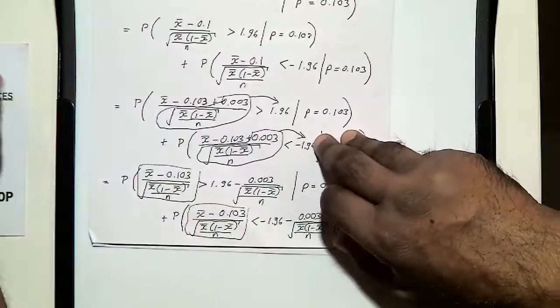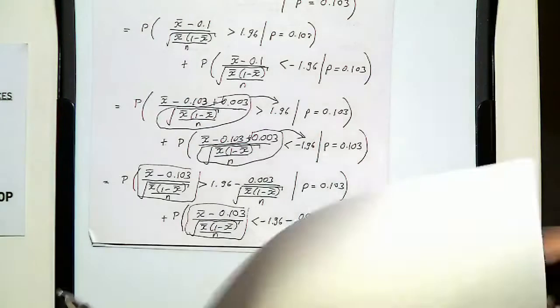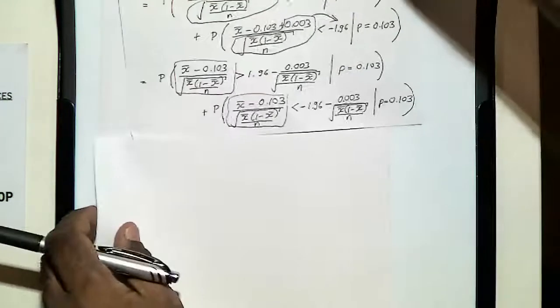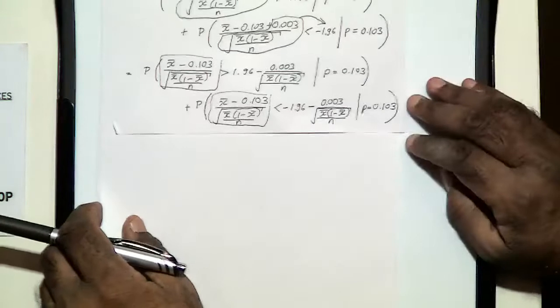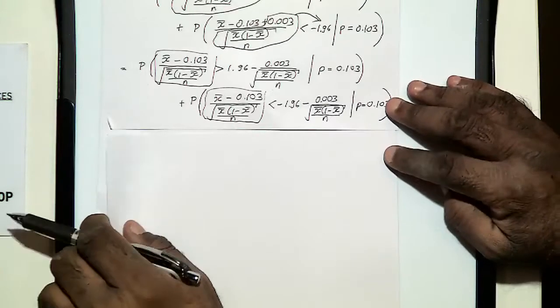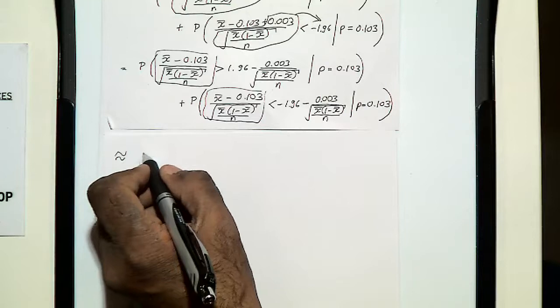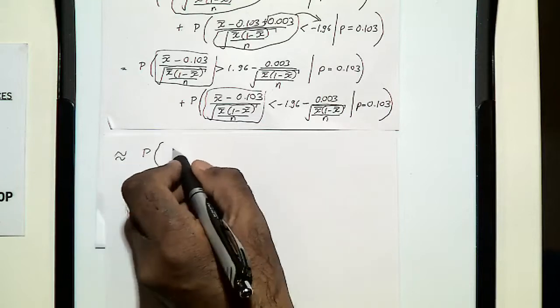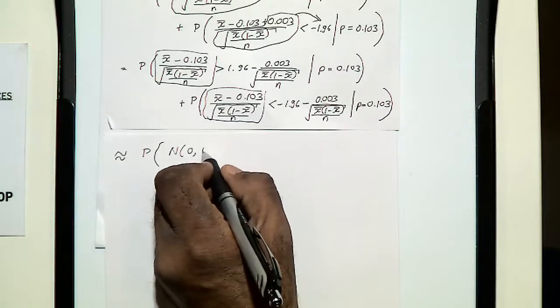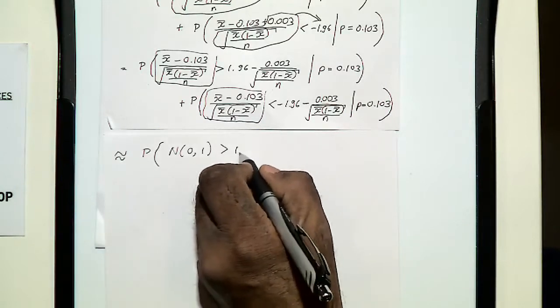So let me go to an extra page here. In the next line, so this is an approximate statement, it's going to be P of N(0,1) greater than 1.96.